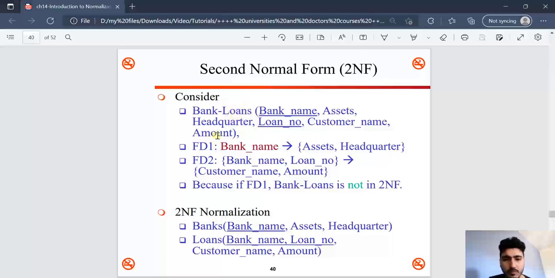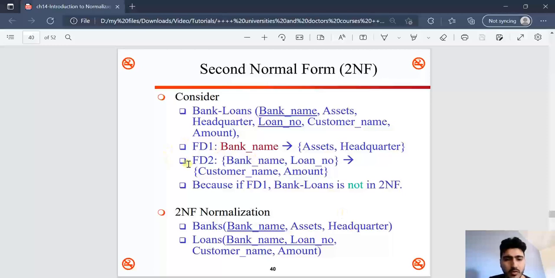In order to make it 2NF, we need to decompose these three attributes into a separate relation, and we make a new relation called banks with the bank name as the primary key and assets and headquarter as the second and third attributes.